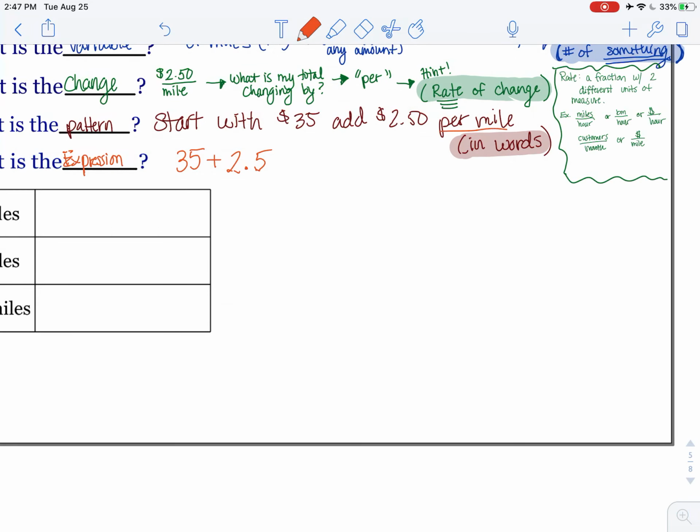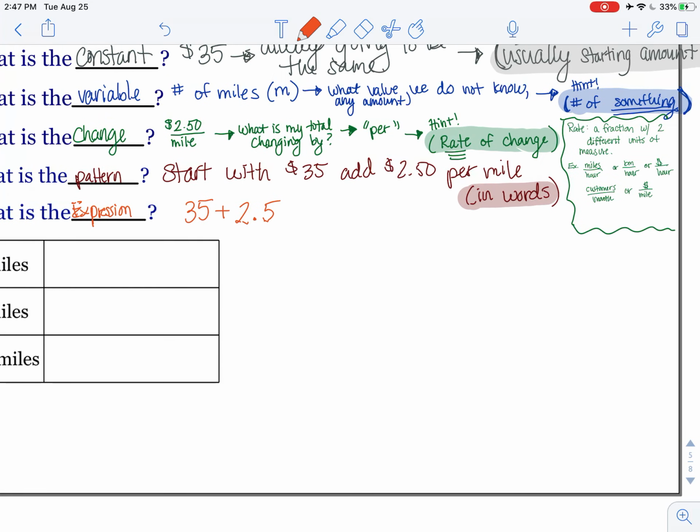Okay, and now it's per mile. Per mile, that's my rate of change, and the number of miles is my variable. So that gives us our M right there, because that means we're going to multiply times M. $2.50 times the number of miles.